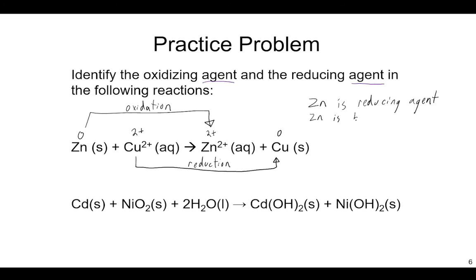Just to specify, zinc is being oxidized. It is the reducing agent, which is really what we were asked in this question, but we're just going to identify all of these terms here for these reactions. Zinc is the reducing agent. Zinc is being oxidized. Copper 2 plus is being reduced to copper solid with a charge or oxidation state of 0.